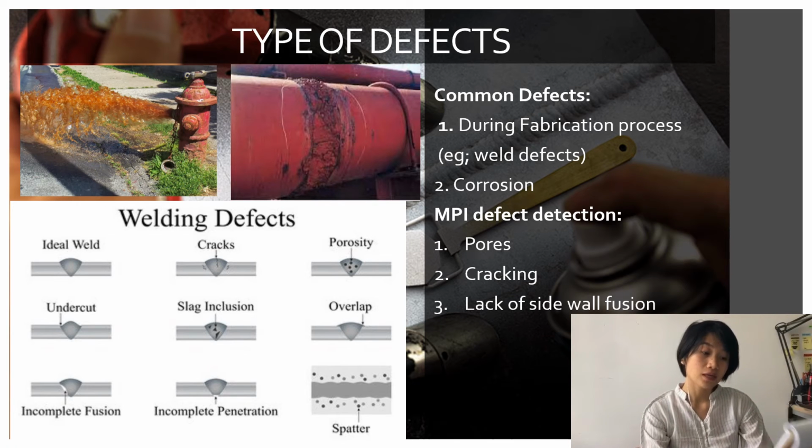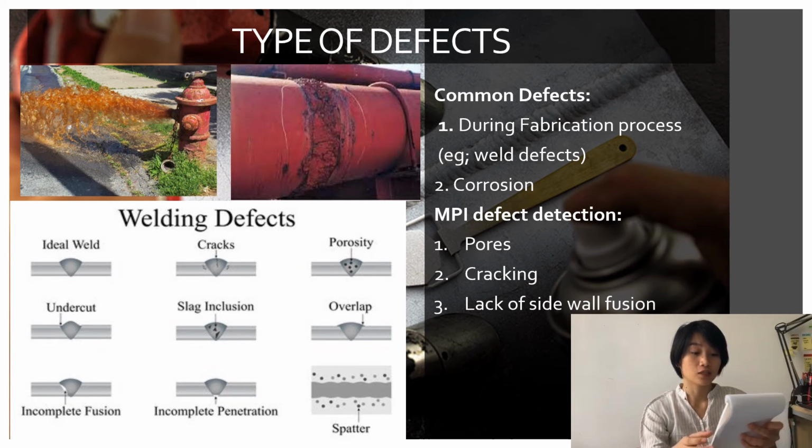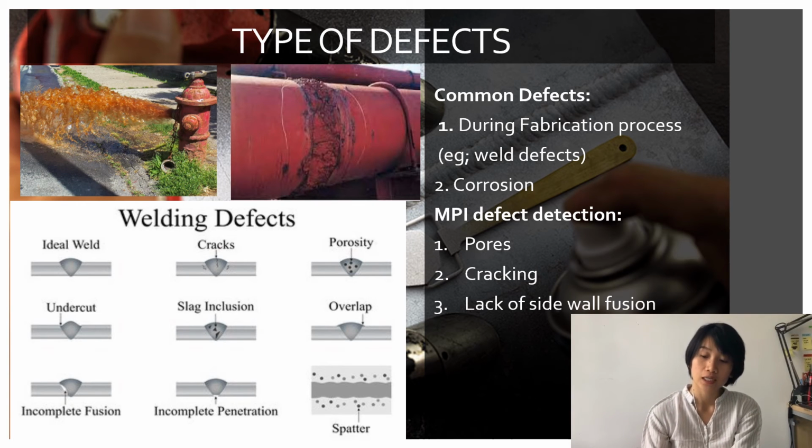MPI is an effective method because it can detect surface-breaking defects and slight surface defects. But MPI only works on ferromagnetic materials such as iron, nickel, cobalt, and some of their alloys.